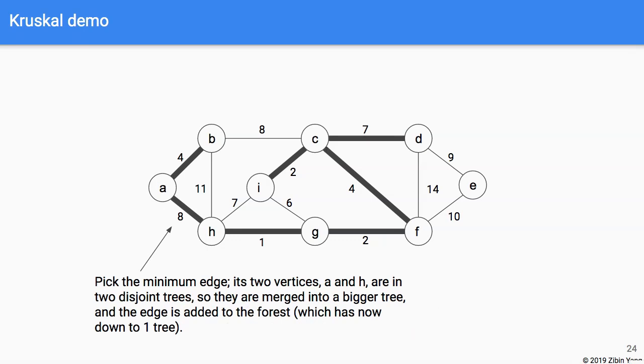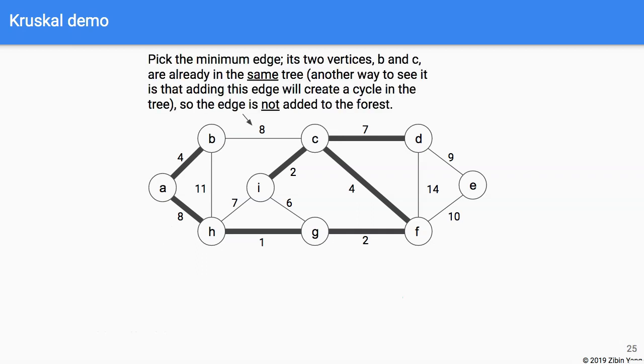Okay, and so we move on to the next step, and you can see the next edge is again another edge with weight 8, but if we use this edge, then we're forming a cycle, or we're trying to connect two vertices that are already part of the same tree. So we do not use this edge.